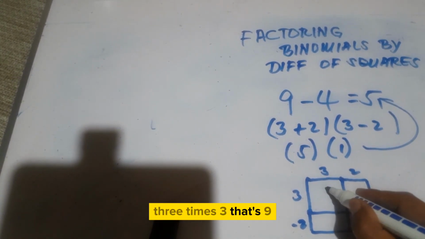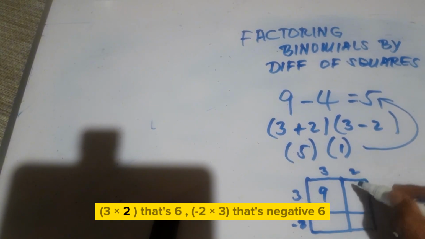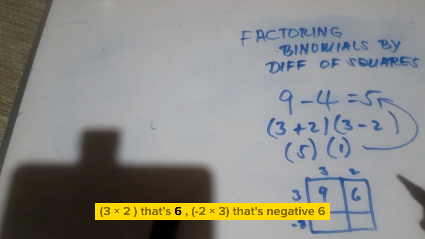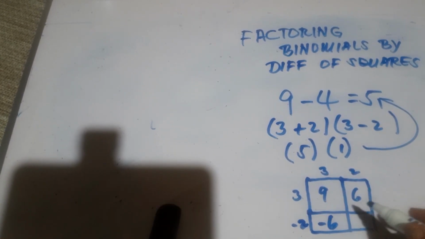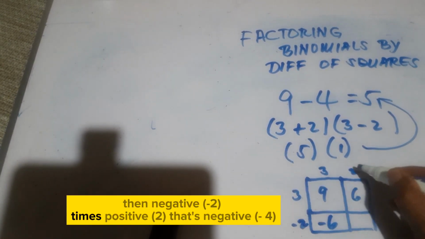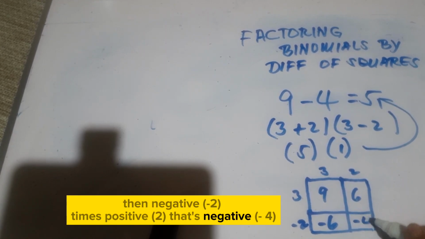3 times 3, that's 9. 3 times 2, that's 6. Negative 2 times 3, that's negative 6. Then negative 2 times positive 2, that's negative 4.